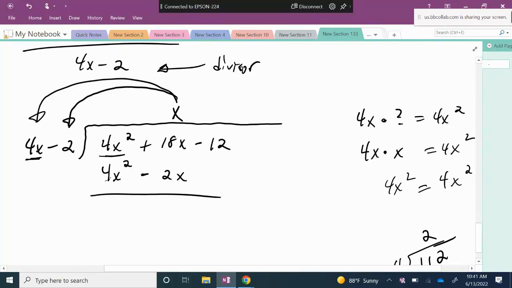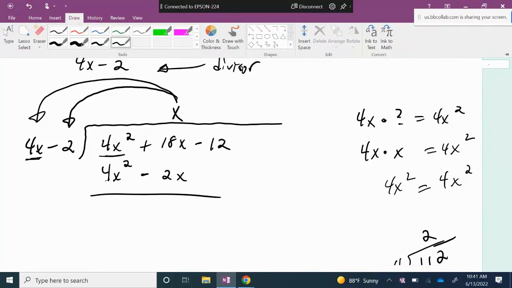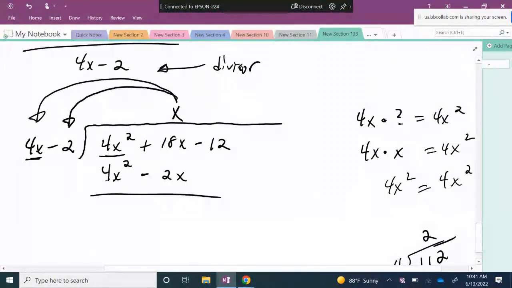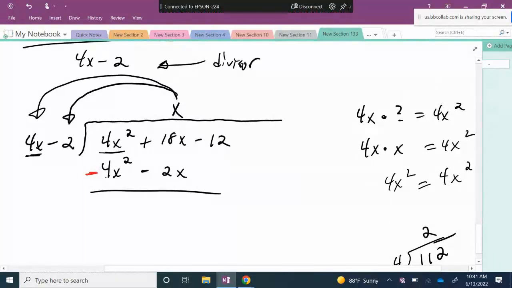So this 4x becomes, and I'm going to try to change the color, negative 4x. This negative 2x becomes a positive 2x. So you must change the sign for every term.